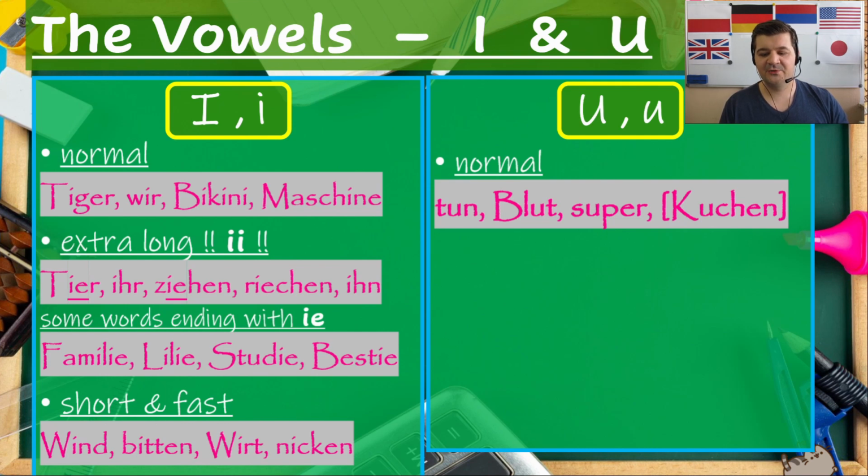And there are words which seem to be short because there, for example, is a ch following U, like in der Kuchen. But still, this one you pronounce longer than you think you should. So that's why I put it in brackets, because U is also kind of a longer pronounced sound by nature.